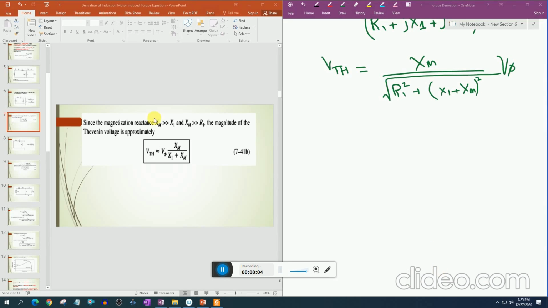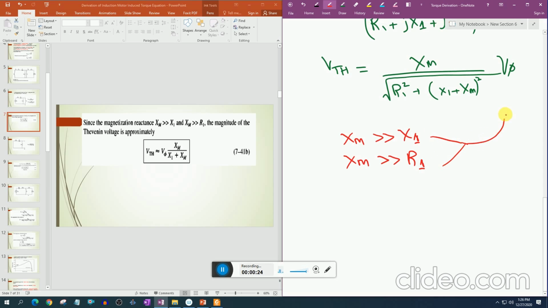Now practically there are two approximations given here. The first is that the value of Xm is much higher than X1, and the value of Xm is much higher than R1. Considering these two, this equation will be modified.